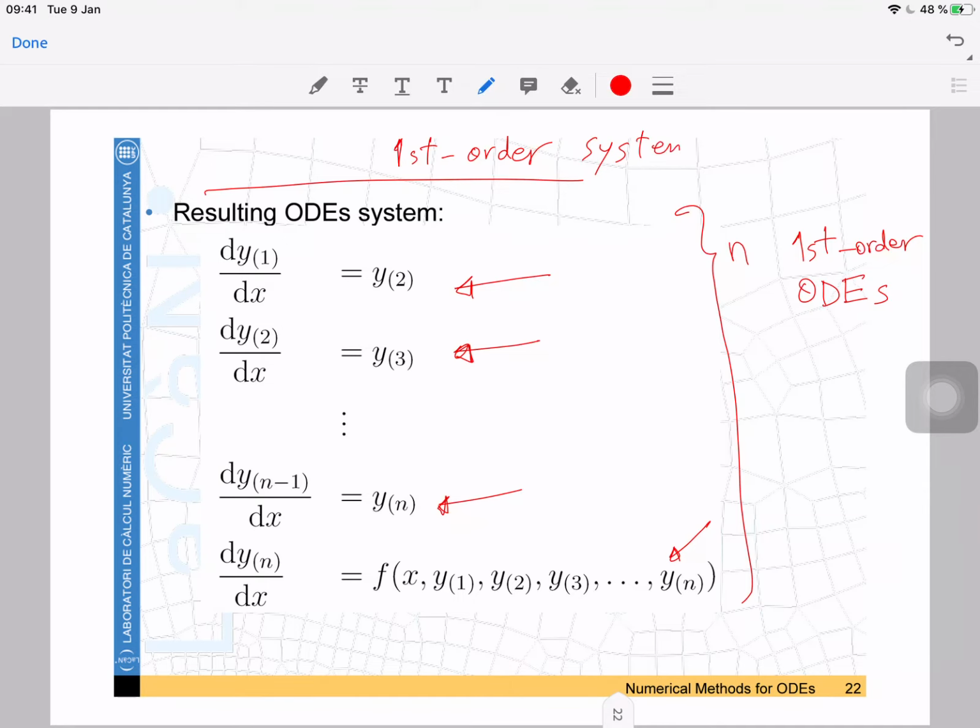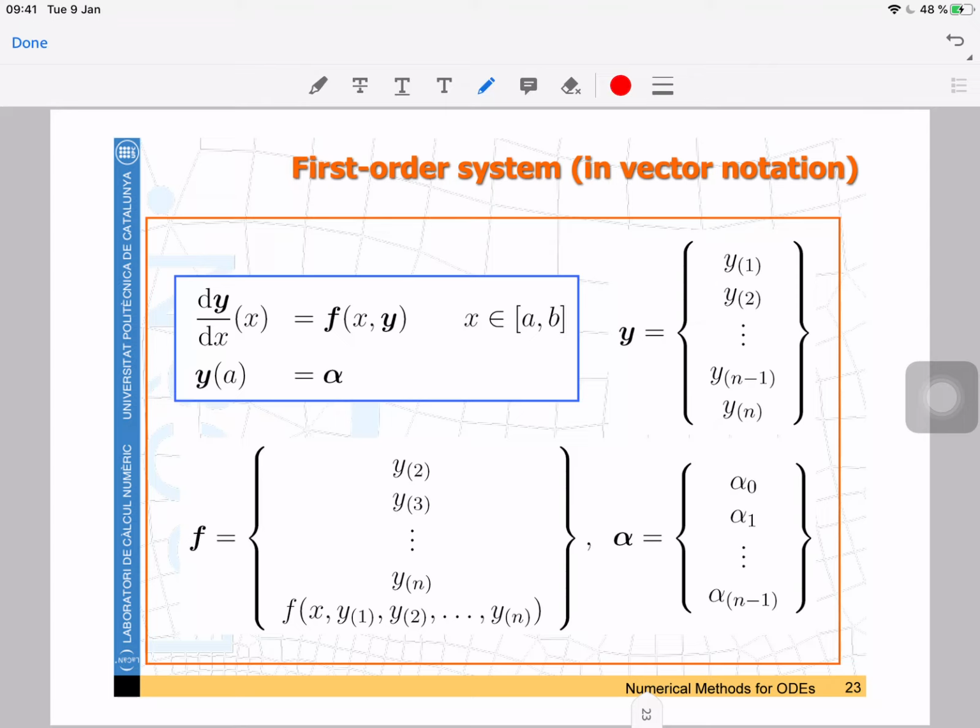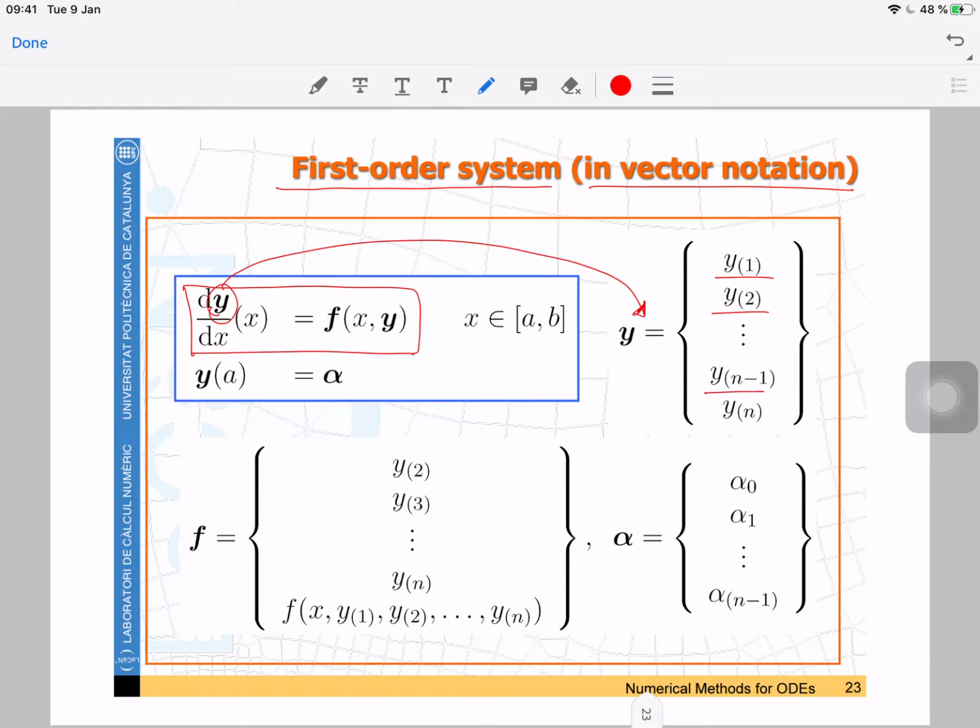With n ODEs, we can write our first order system in vector notation. So basically the first order ODE can be written in this form, where y, the vector of y, is defined here, with different components of y as I introduced in the previous slides. And then the initial condition also can be written in vector form.